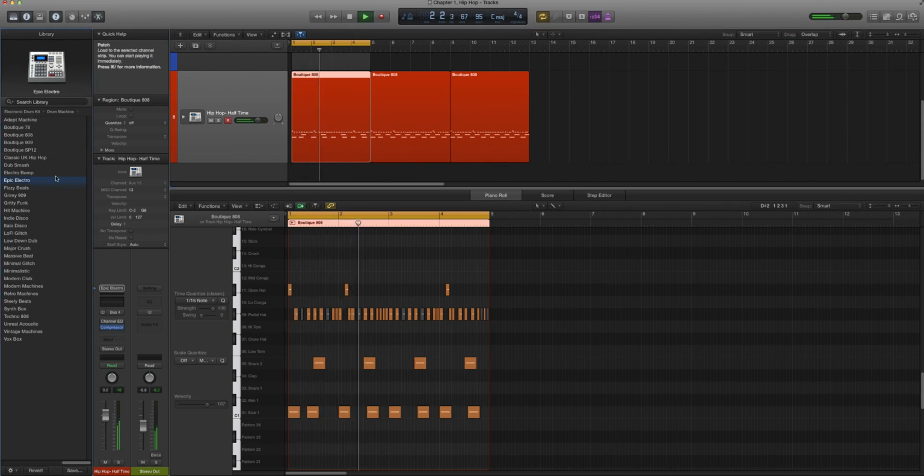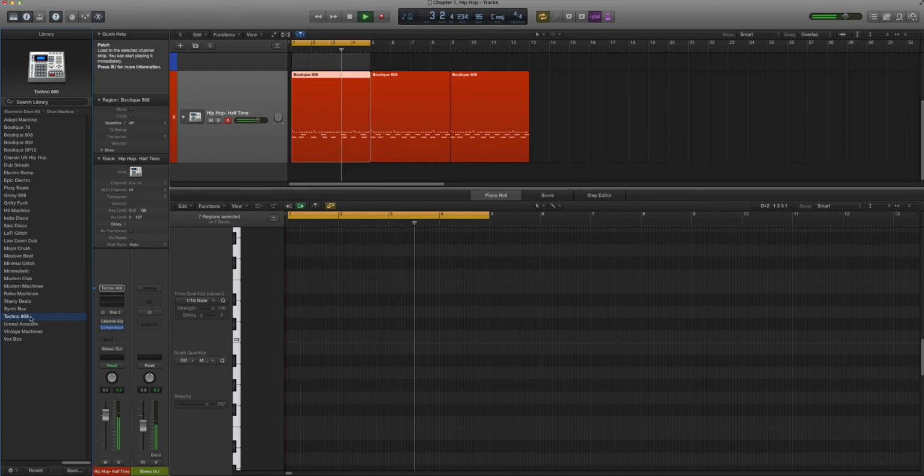Let's try Fizzy Electro. How about Massive Beat? All right, these all obviously sound different. But the point is they all sort of function the same way because we're still hearing that instrument's kick drum, that instrument's snare, clap, whatever it is, and a cymbal.